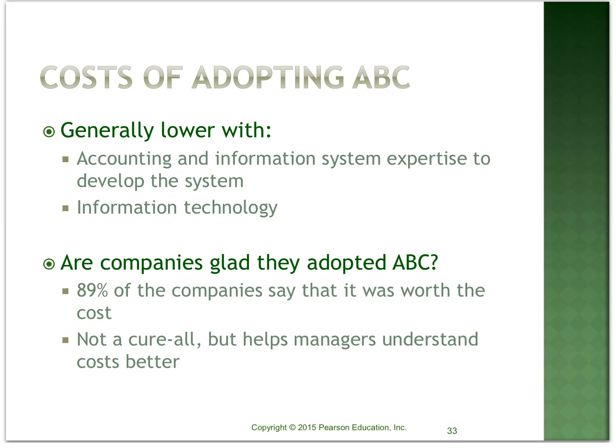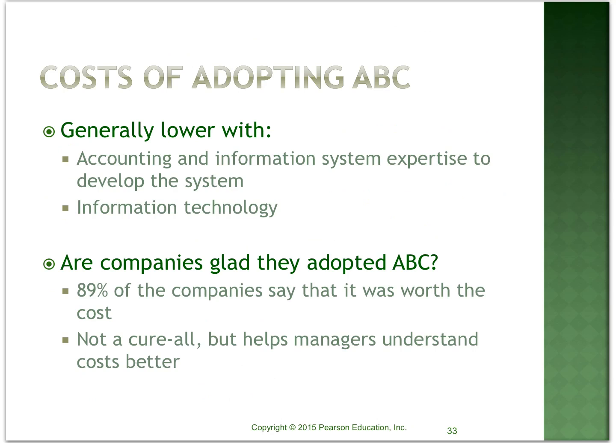The costs of adopting ABC are generally lower when the company has accounting and information systems expertise to develop the system and information technology such as barcoding, optical scanning, web-based data collection, or data warehouse systems to record and compile cost driver data.